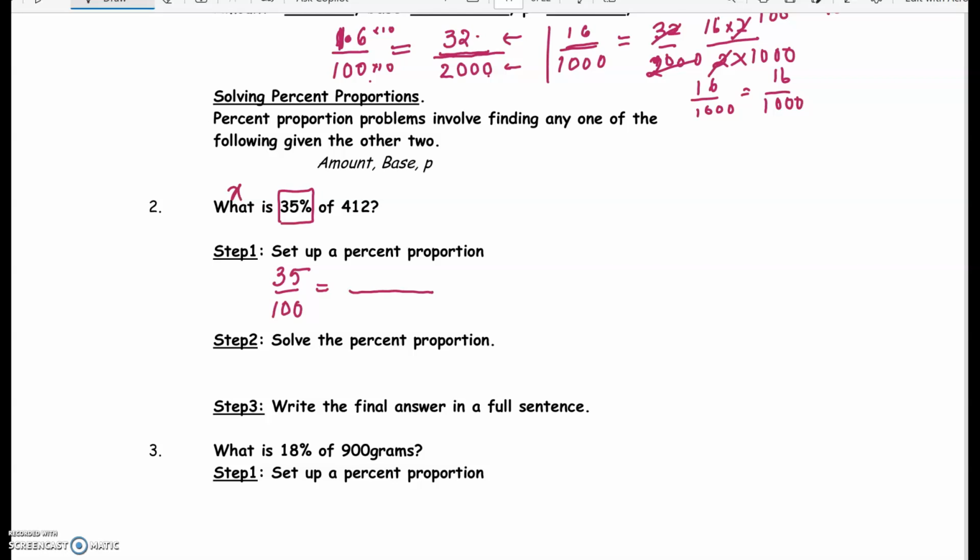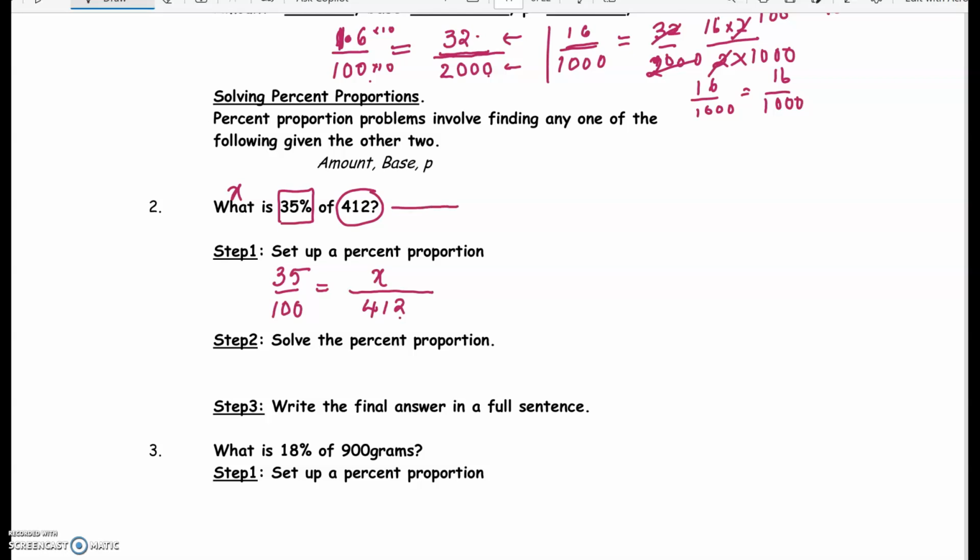So X is a part of the whole, so the whole sits at the bottom, and this would be X. So a part of 412 is the same as 35 parts out of 100. So what we've set up is a percent proportion.